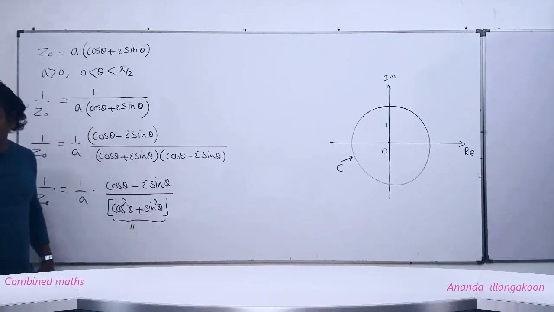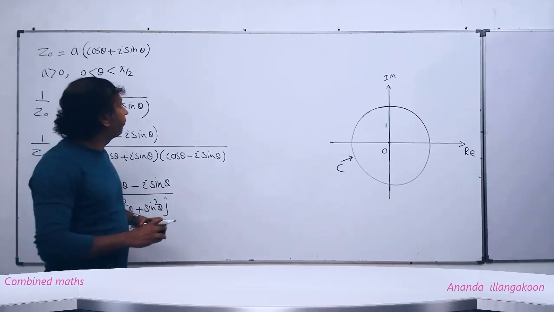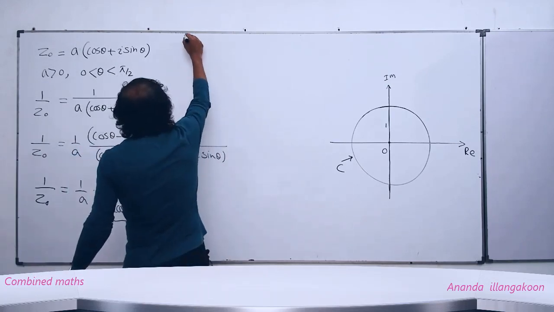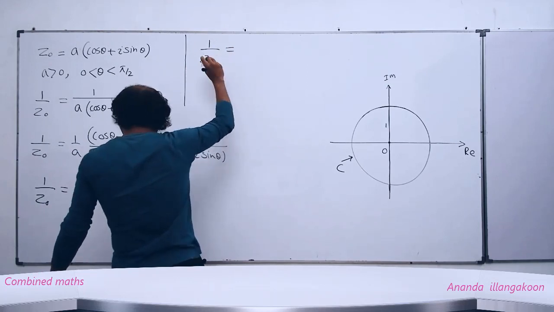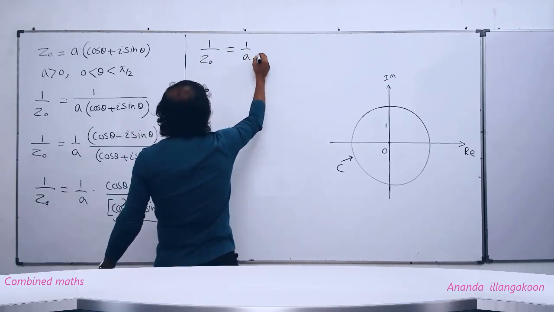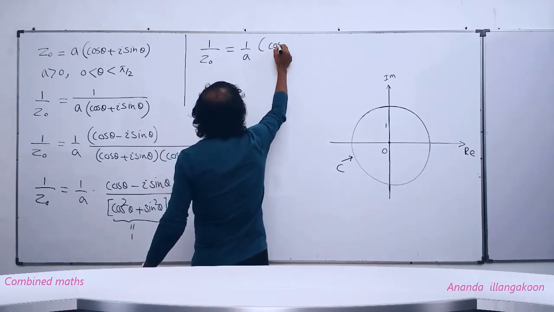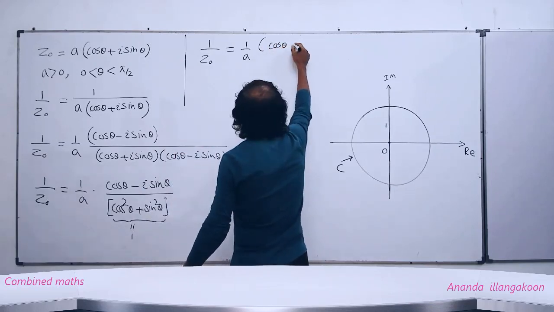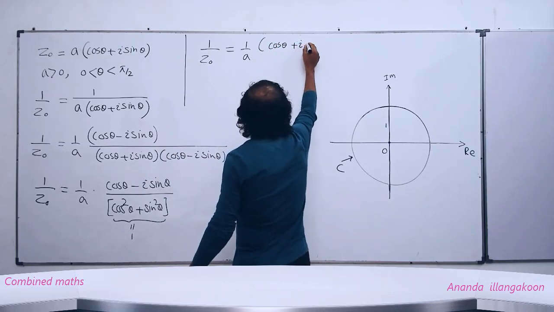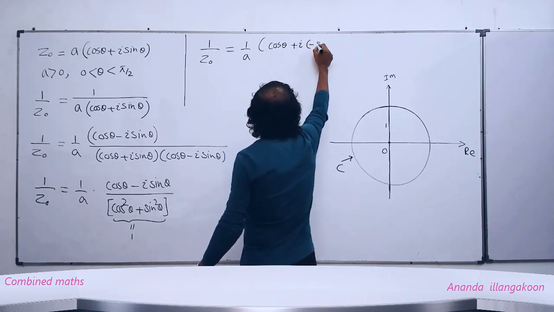Then we can write 1 upon z naught as 1 upon a times cos theta minus i sin theta. I can write plus i times minus sin theta like this.